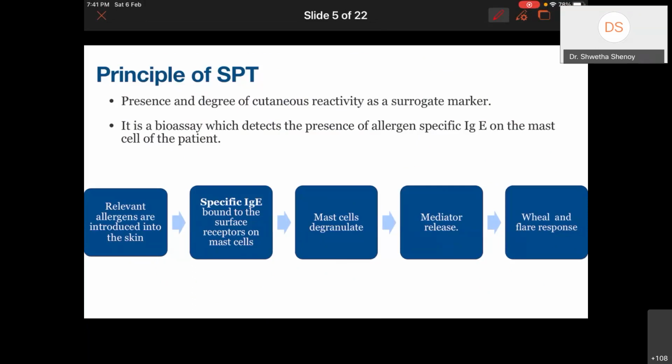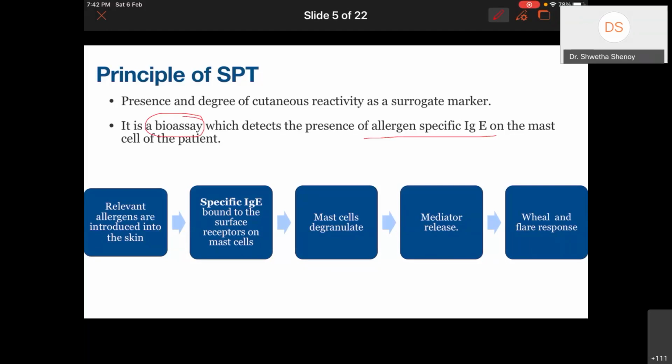The organ which is affected might be the nose, might be the lung, might be the GIT, but the skin is rich in mast cells, and these specific IgEs are just there right below the skin. So this gives an idea about what is actually happening inside the target organ as well. That is why it is called a bioassay, because it is an in vivo type of test. It's a bioassay which detects specific IgE on the mast cell of the patient.